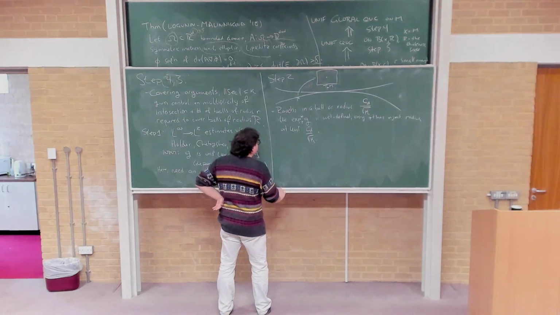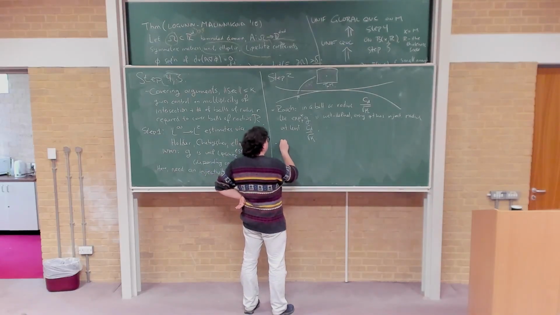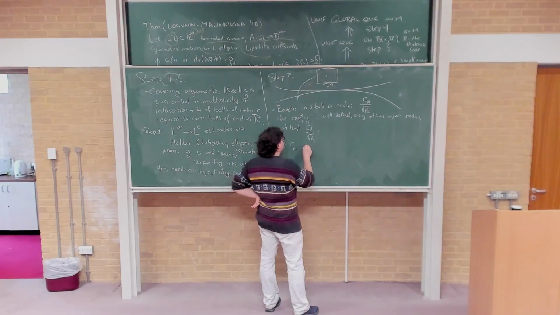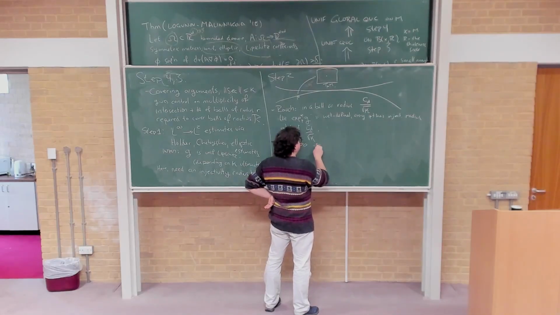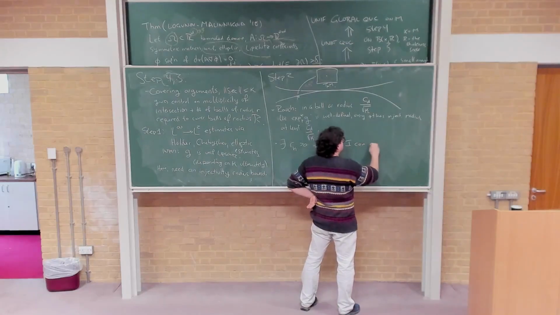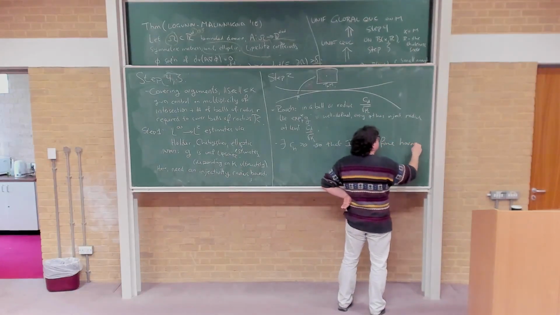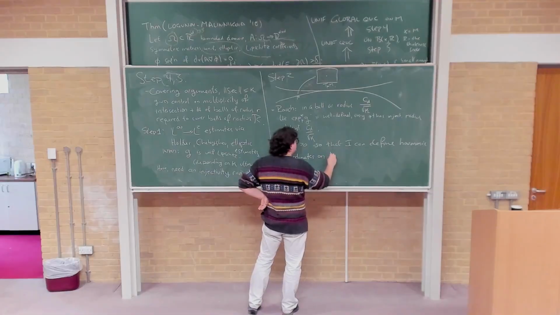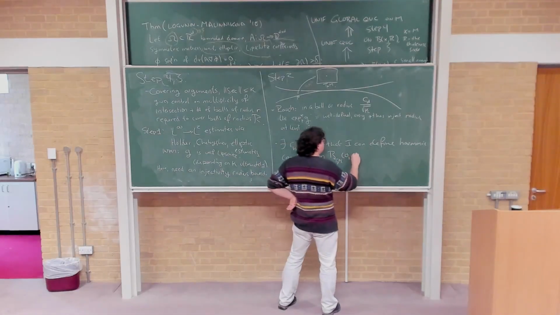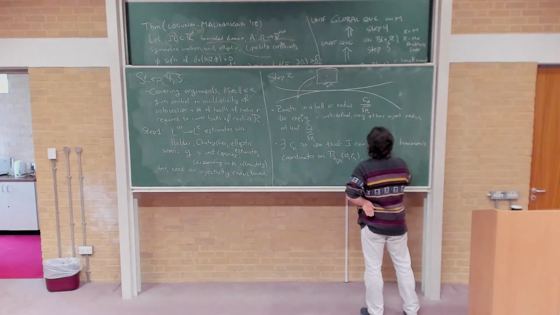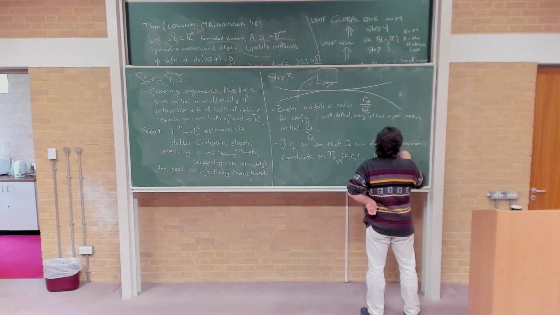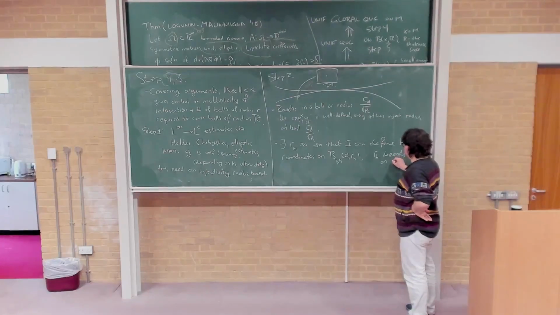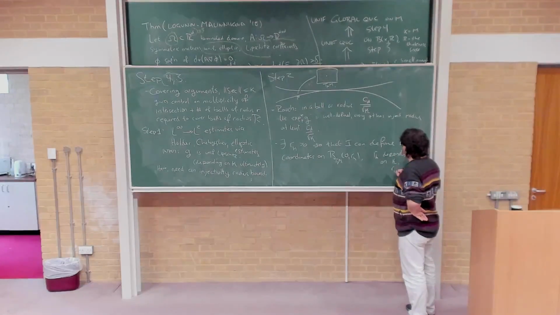The second thing that I need to know is there exists an RH so that I can define harmonic coordinates on B in T_P M, 0 to RH, and RH depends only on kappa and the injectivity radius.